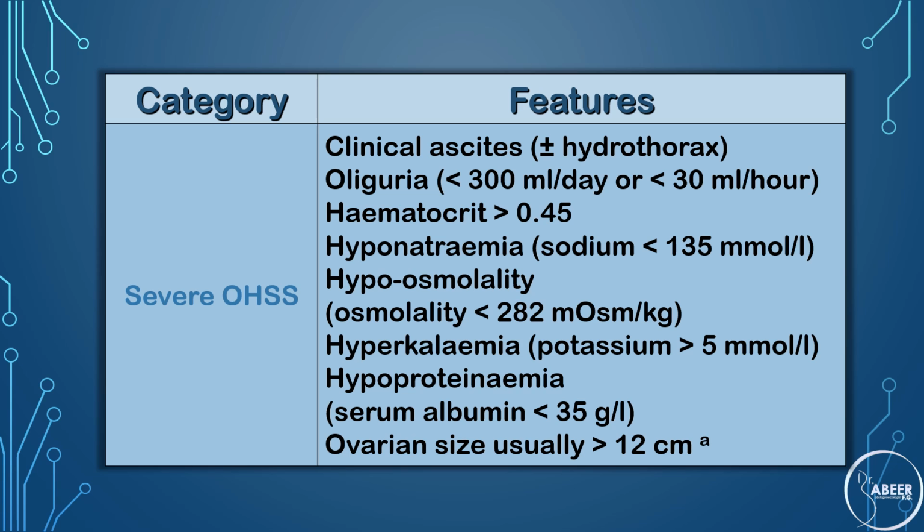Features: clinical ascites, with or without hydrothorax, oliguria, less than 300 milliliters per day or less than 30 milliliters per hour, hematocrit greater than 0.45, hyponatremia, sodium less than 135 millimoles per liter, hypoosmolality, osmolality less than 282 milliosmol per kilogram, hyperkalemia, potassium greater than 5 millimoles per liter, hypoproteinemia, serum albumin less than 35 grams per liter, and ovarian size usually greater than 12 centimeters.